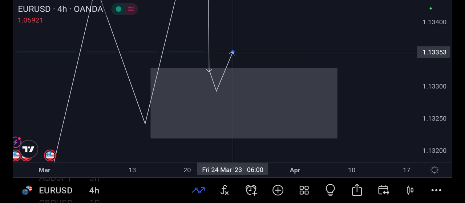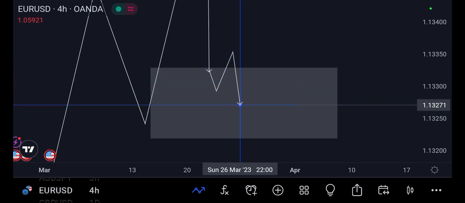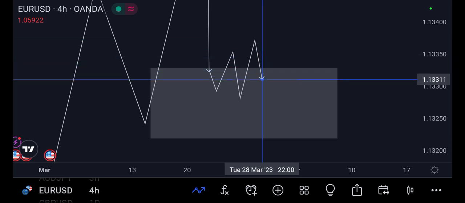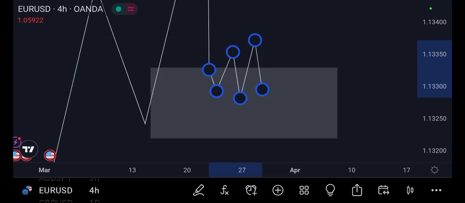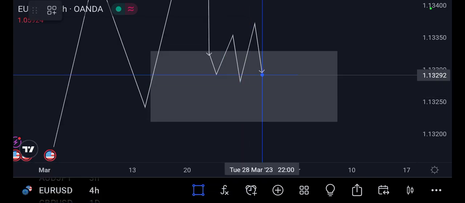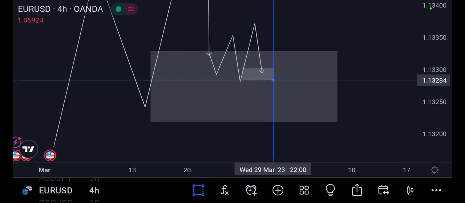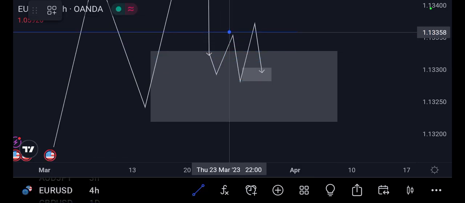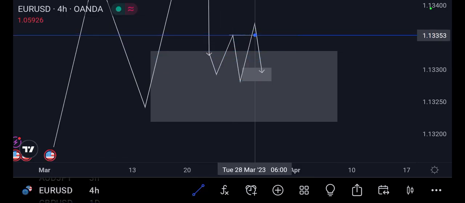Come down, go up, come down again. Break of structure. You want to enter from here before you go up. This is where you want to enter from, because that's already giving a break of structure. Let's say it was a 1 hour zone or 4 hour zone.